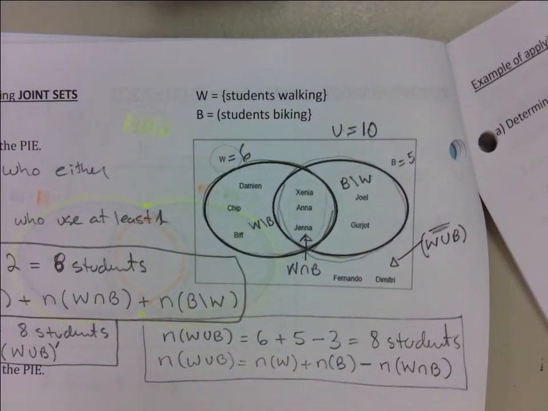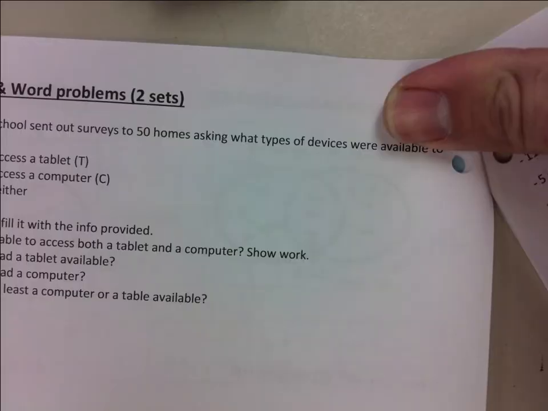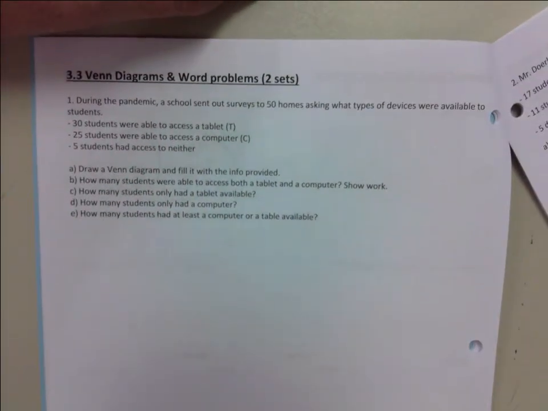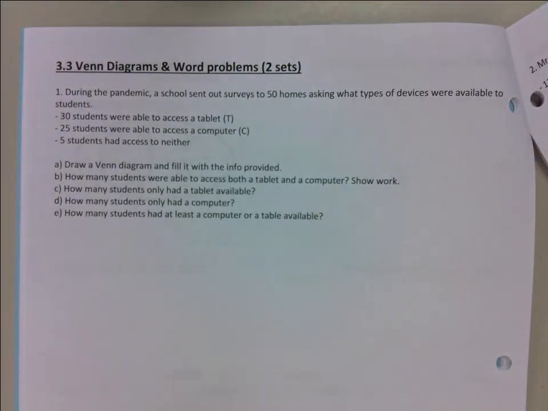I'm going to skip 14 for now. We're going to go straight into word problems. This is on page 15. And I know the province will not always prompt you to make a Venn diagram, but I would strongly recommend just make your Venn diagram, guys, and fill in the numbers where they belong.